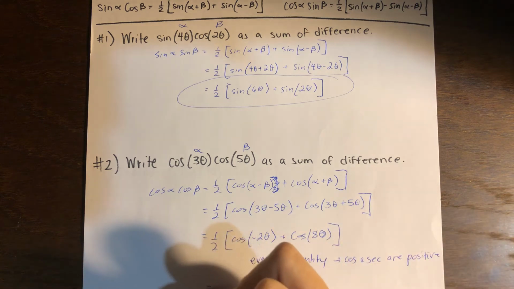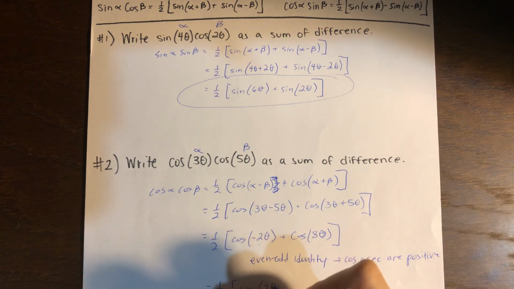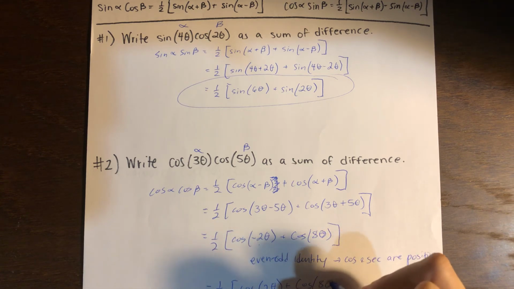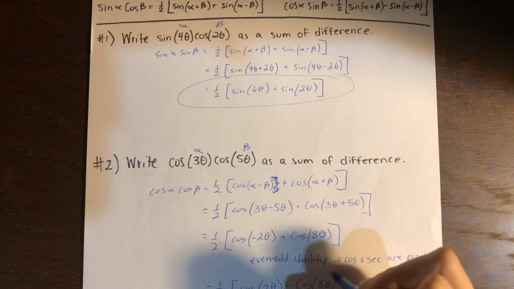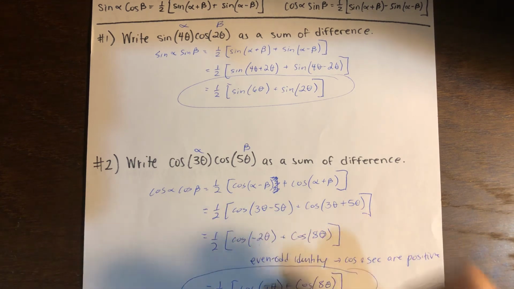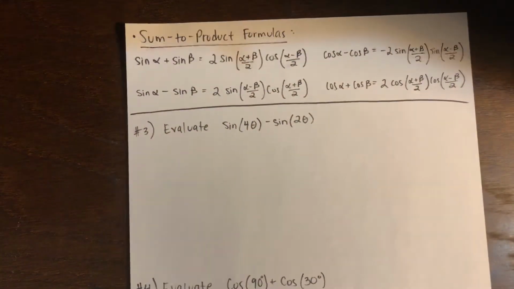So it's actually a half times cosine of 2 theta plus the cosine of 8 theta. So this is our answer right here. Let's move on to number 3 and 4, and then we're done.